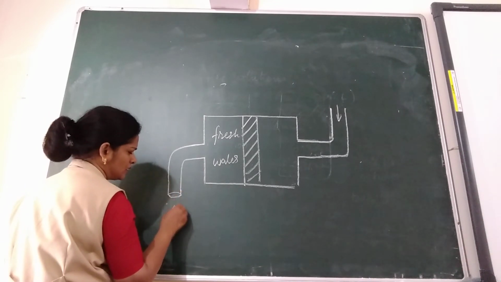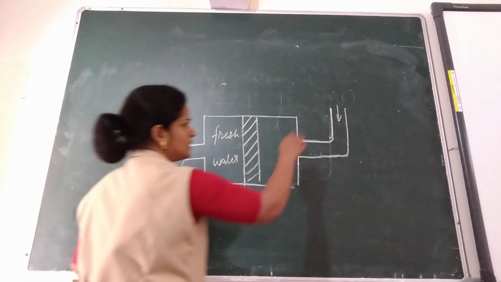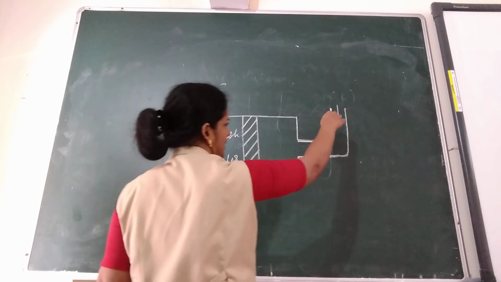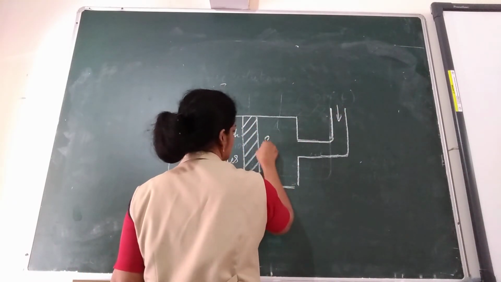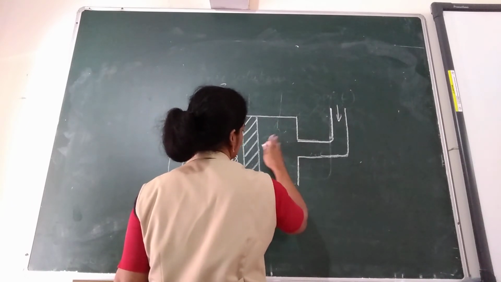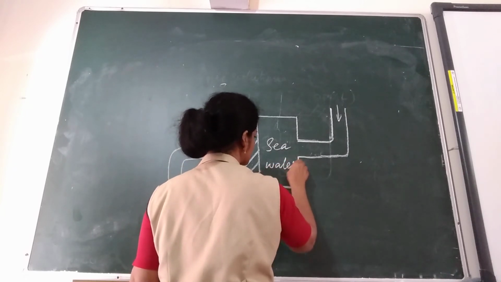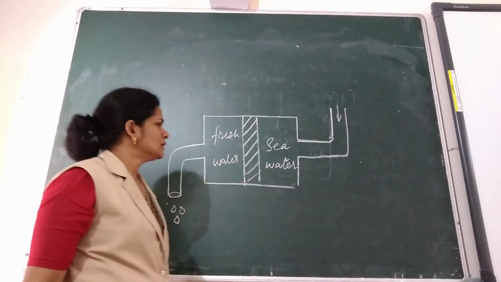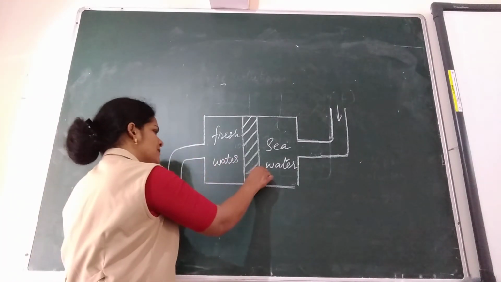So fresh water will be falling from this. Here you are applying a pressure higher than the osmotic pressure. This is the solution, seawater, and here fresh water is kept.